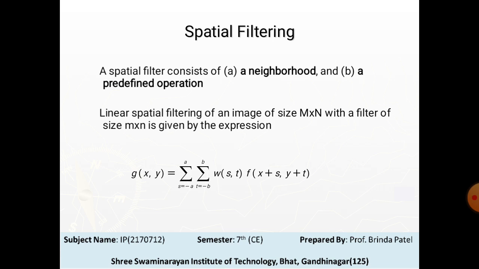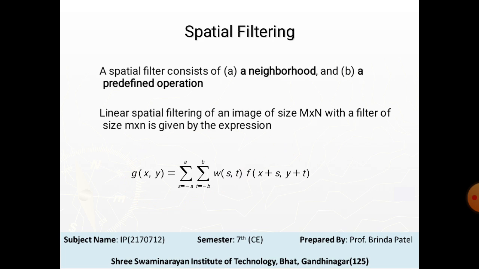In general, linear filtering of an image f of size M by N with a filter mask of size m by n is given by this expression: g(x,y) equals the sum over s equals minus a to a, and t equals minus b to b, of w(s,t) times f(x plus s, y plus t).